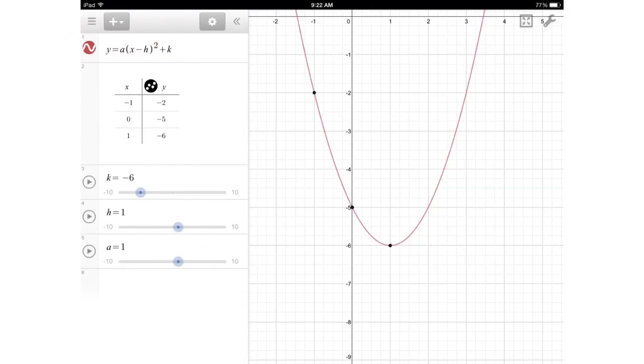We plot those ordered pairs, and then we draw the curve, and we see that the curve does indeed create this parabolic shape. So once again, this time we're going from symbolic to iconic.